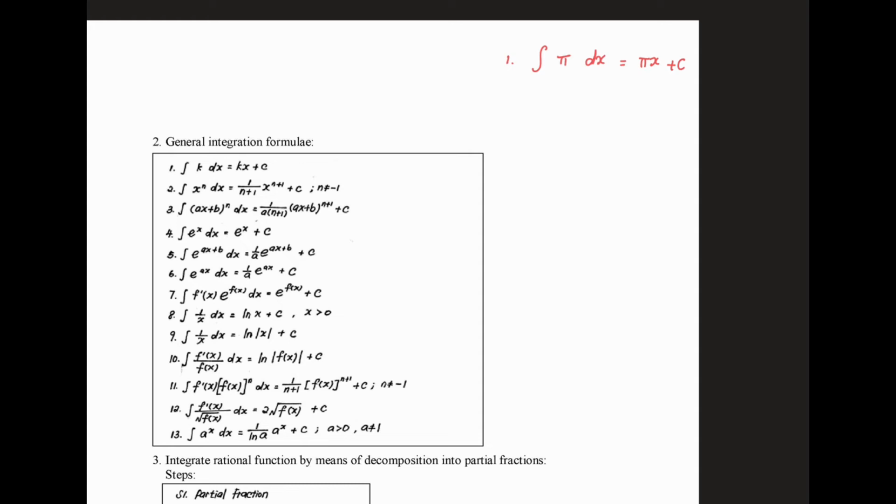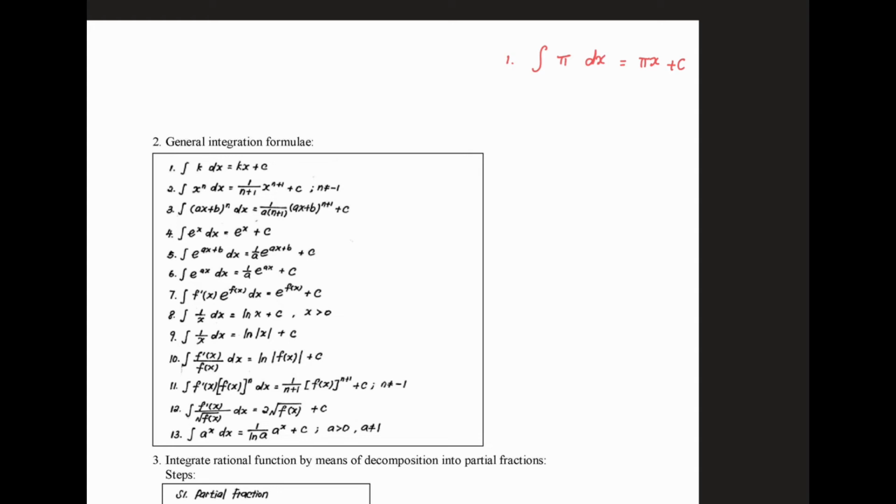Number 2, integrate x to the power of n, then you will get x to the power of n plus 1 over n plus 1, plus c.